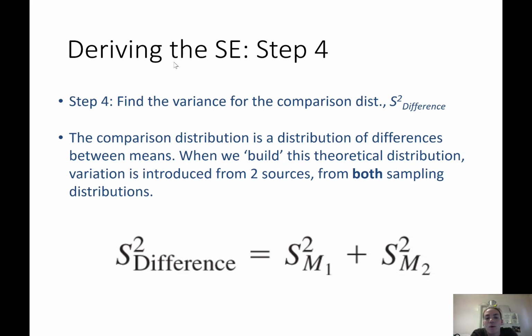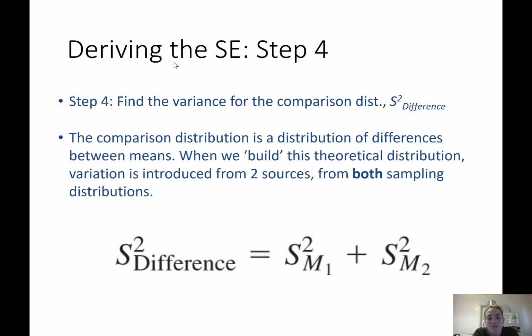And when we build this theoretical distribution, we get some variance from the distribution of means from population 1, and we also get a little bit of variance from the distribution of means for population 2. So we're getting a little bit of variance from both of the sampling distributions.